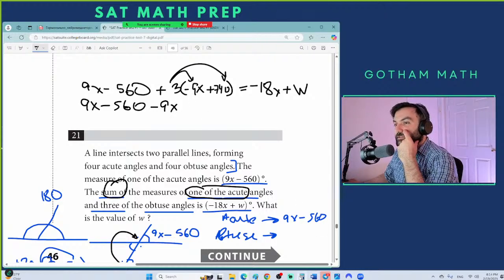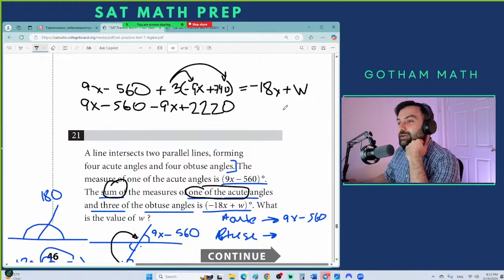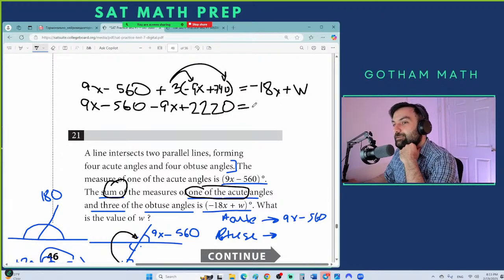And yeah, this is 2100 and 120, 2220. So plus this, I hope I'm not mistaken there, equals this.